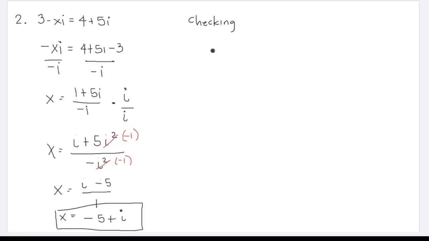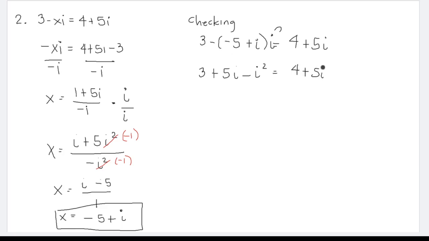We substitute x to our original equation. That's 3 minus negative 5 plus i, which must be equivalent to 4 plus 5i. So we have 3 plus 5i minus i squared is equivalent to 4 plus 5i.